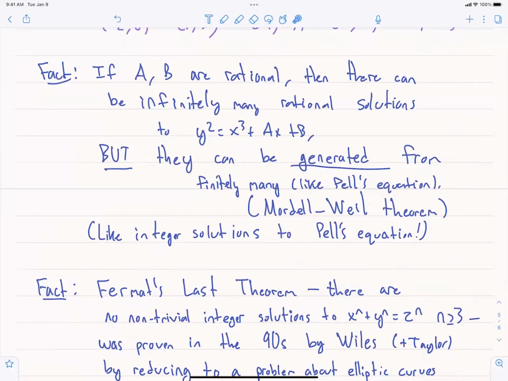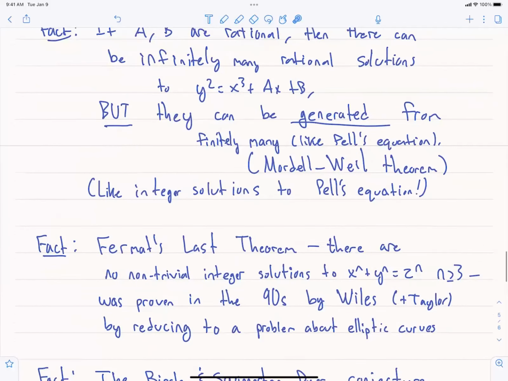We're able to understand so many things about degree 2 equations, but once you start talking about degree 3 equations, you're talking about modern research in number theory, the kind of stuff I do when I'm not teaching this class.